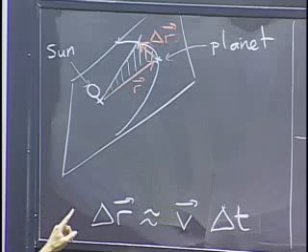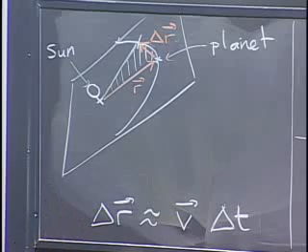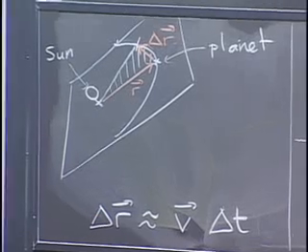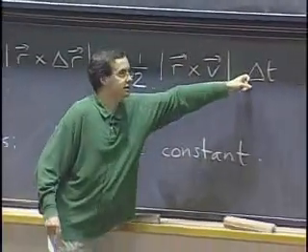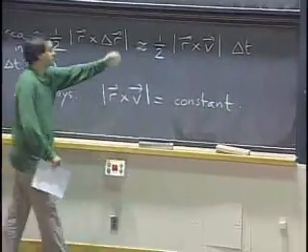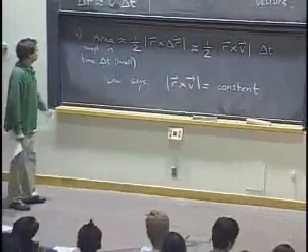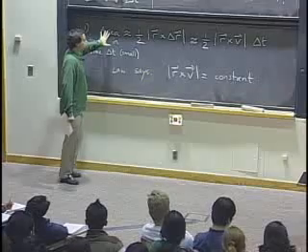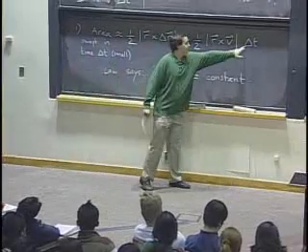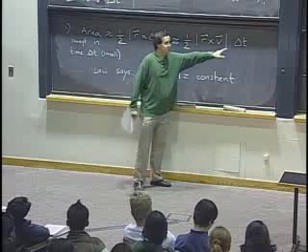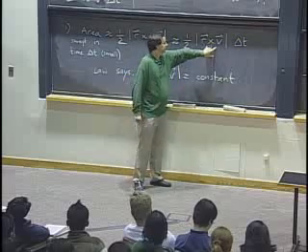One is the position vector r, the other one is v delta t. So its area is given by 1/2 of the magnitude of a cross product. That's the formula we've seen for the area of a triangle in space. So the area is 1/2 of the magnitude of the cross product of r and v delta t. So to say that the rate at which area is swept is constant means that these two are proportional. Area divided by delta t is constant over time, and so this is constant.